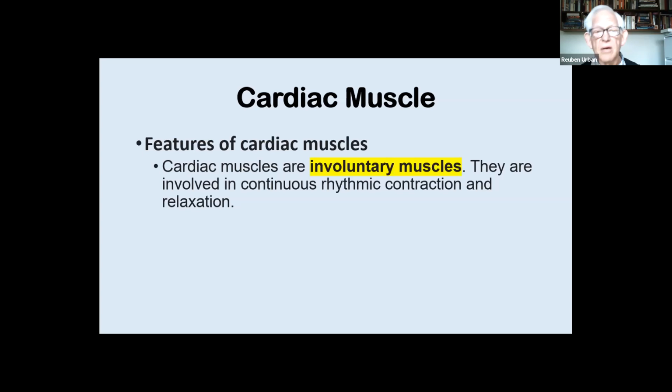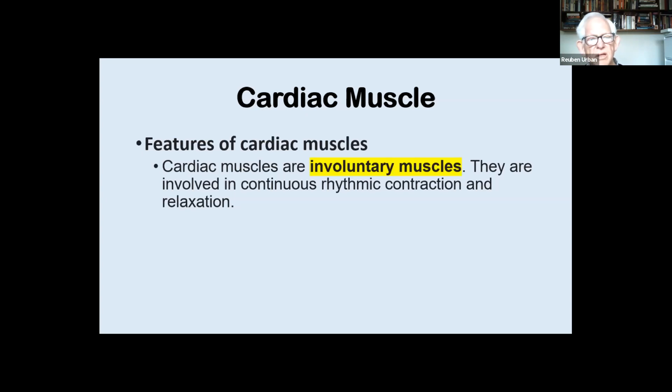They are also involuntary. You have very little control, if any. If you think hard enough, you can actually lower or raise your heart rate a little bit, a few beats a minute. And if you're well in tune with yoga practice, you can do that, but not by many.